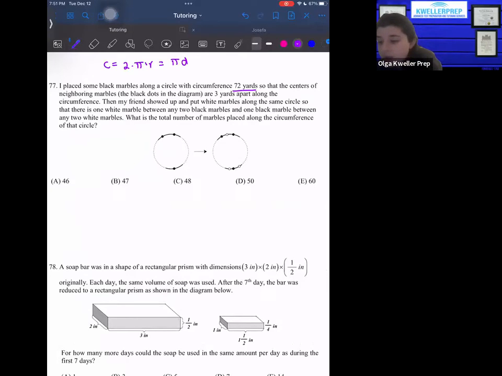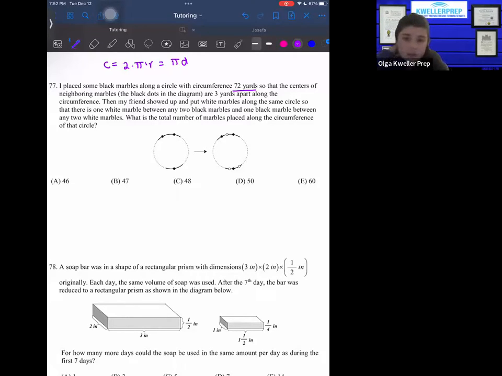Okay, so we know that the circumference is 72 yards, and they placed some black marbles 3 yards apart. And then his friend showed up and put white marbles so that there is 1 marble between any 2 black.